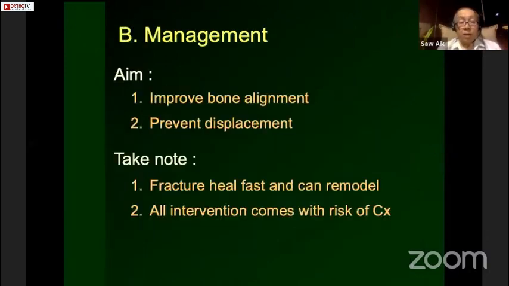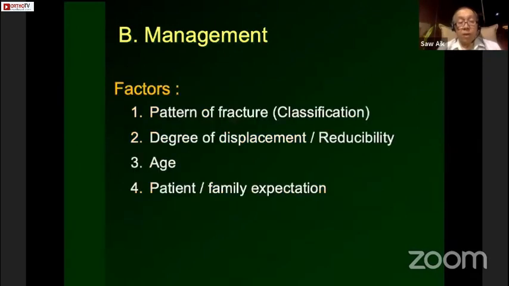rest. Now, the aim of treatment is basically to improve bone alignment and to prevent displacement. But we know that children's fractures heal fast, heal well with remodeling. We also know that all intervention comes with the risk of complication.